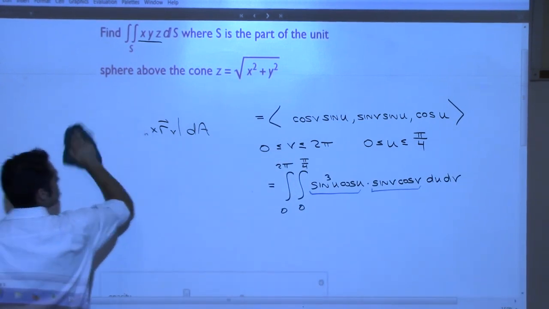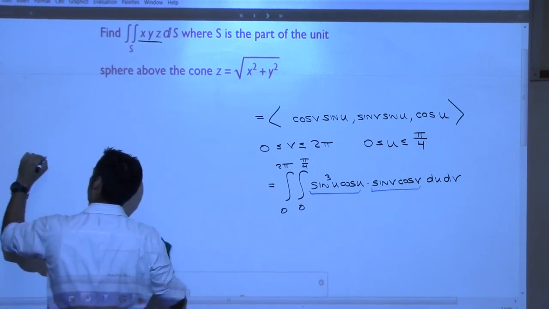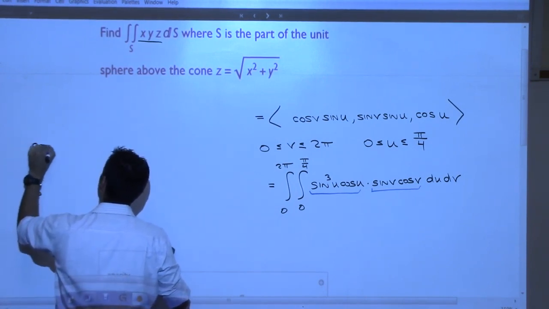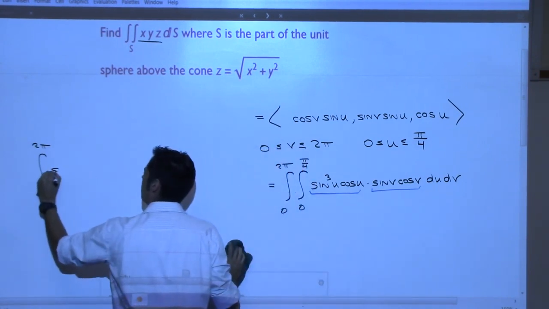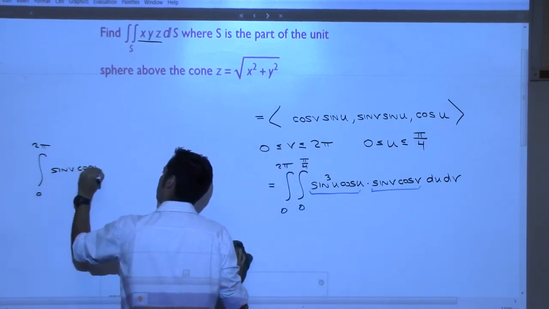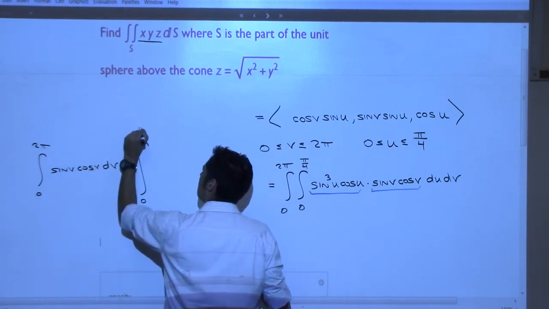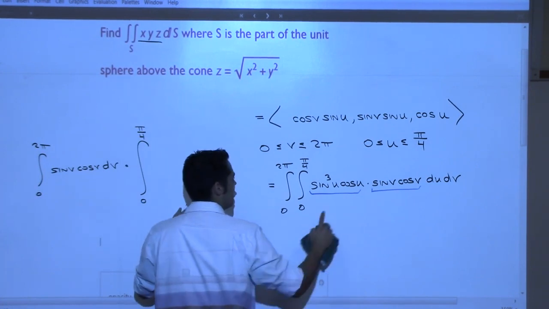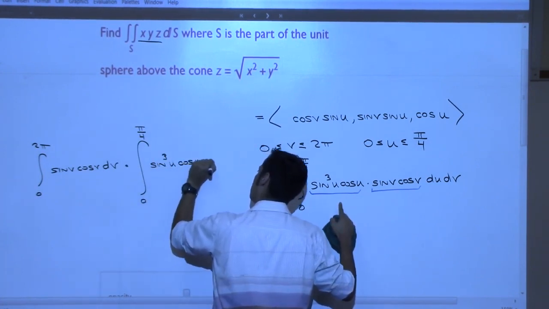That's my v's: the integral from 0 to 2 pi of sine v, cosine v, dv, times, not plus, the integral from 0 to pi over 4 of sine cubed u, cosine u, du.